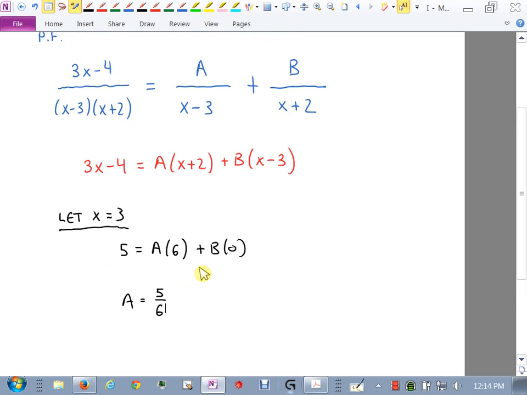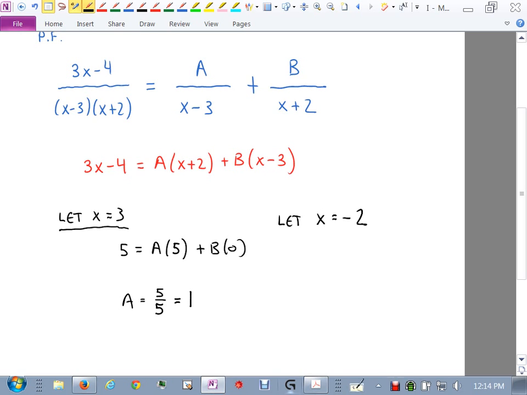A should have been what? Oh, it should have been 1. It would have been more fun if it was a fraction. All we would have done is pulled that fraction out of the integral. So A is 1.